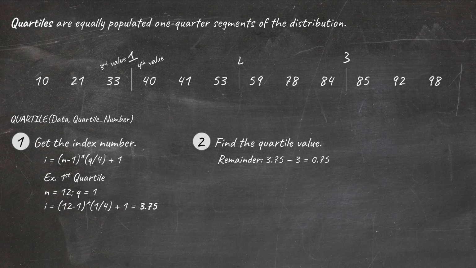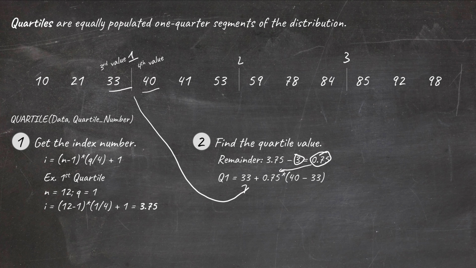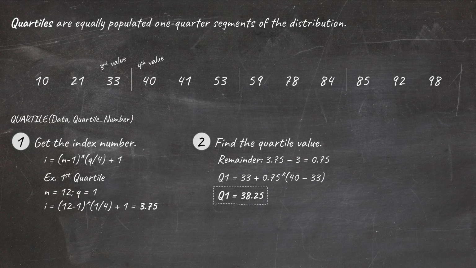We take our third value, which is 33, and add to it 0.75 times the difference between the fourth and third value, 40 minus 33. So 33 plus 0.75 times 7 gives us 38.25. That is the value for the first quartile. Q1 is 38.25.